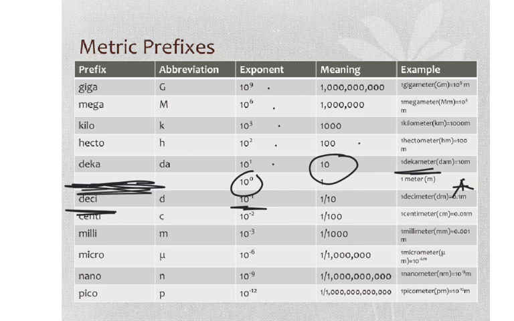Anything below this big line that I told you about, all of this here, means that it is less than 1. So if you want to write that in your notes, less than 1. So deci, centi, milli, micro, nano, and pico are all things that are less than 1. They are always going to have a point something, something, something.